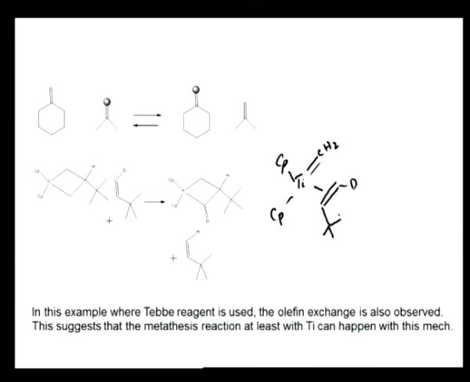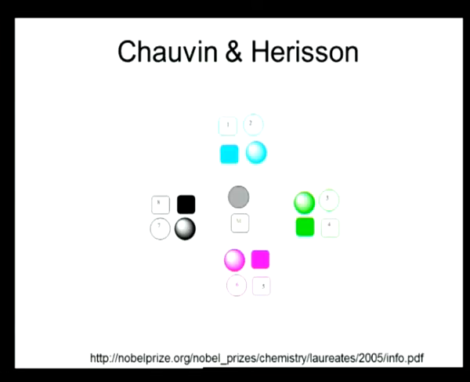So, if this is the titanium olefin carbene intermediate that is formed, this can very easily generate the product which is indicated here. So, this clearly indicated that all the steps involved in the metathesis reaction could be substantiated through external reactions, through stoichiometric reactions, and so the catalytic cycle obtained a very strong support.